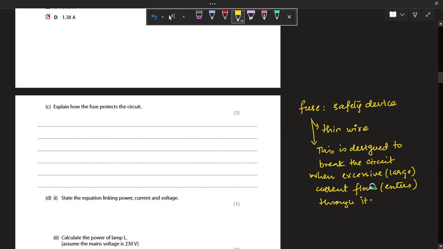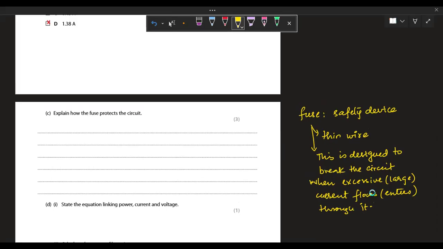What should I write here? When the excessive current enters, what happens? The wire of the fuse melts, right? Clear?